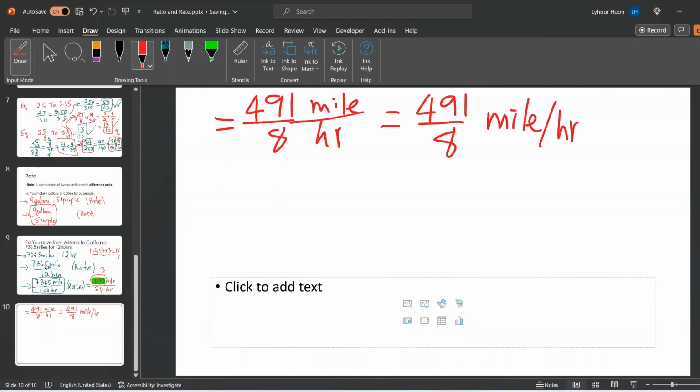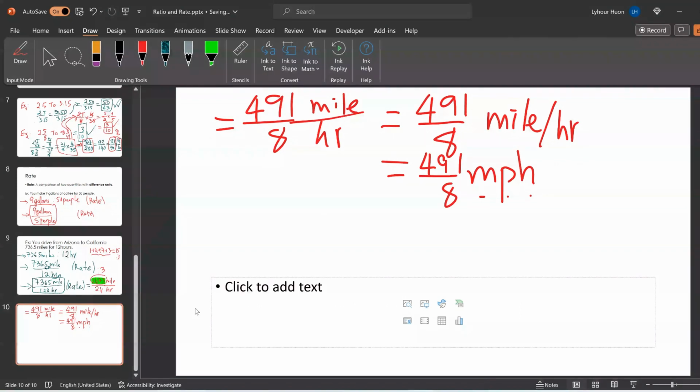Sometimes they just write it like this. Have you ever seen miles per hour? Or sometimes we write it as the abbreviation mph. mph is miles per hour.